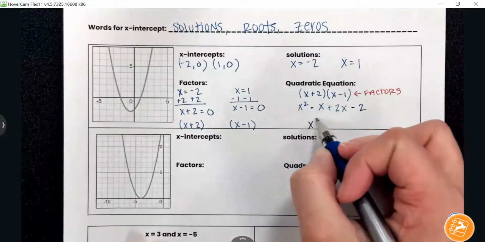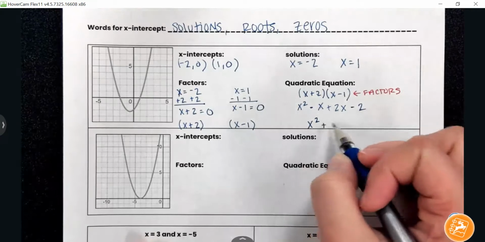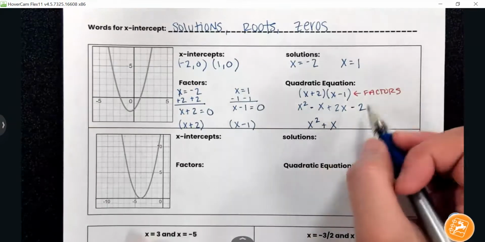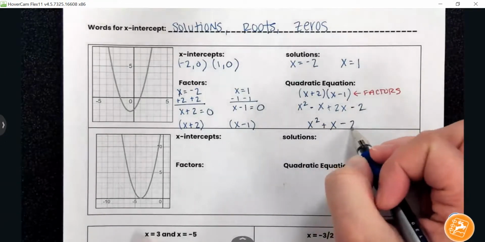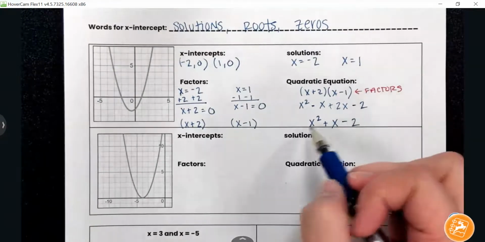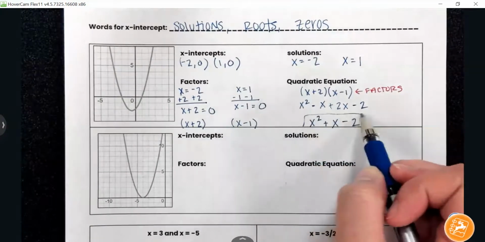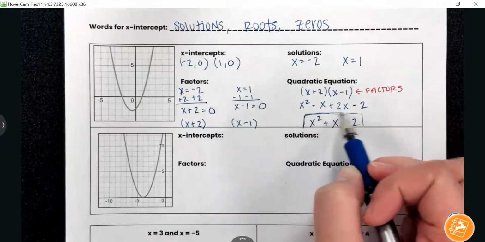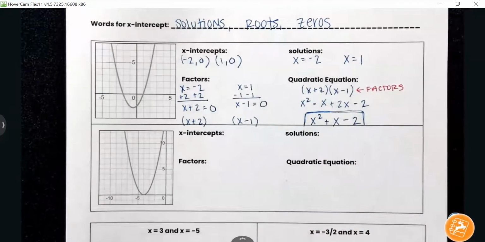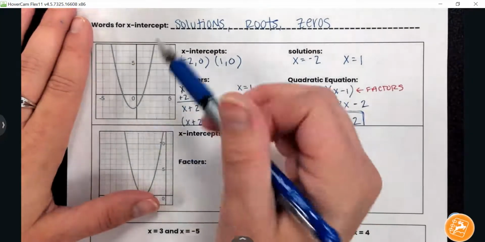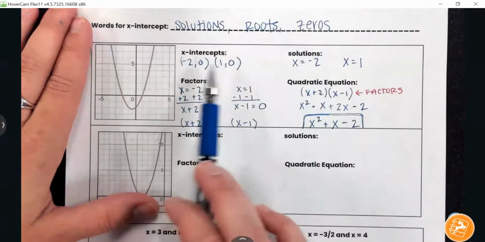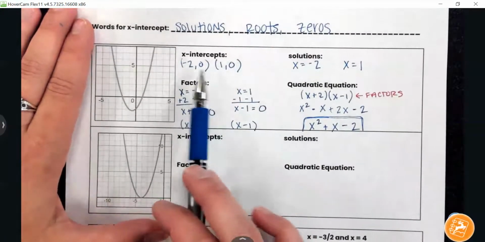So I have x squared plus 1x, or just x, minus 2. This is my quadratic equation. So that's the equation I have that can give me a graph with x-intercepts -2 and 1.